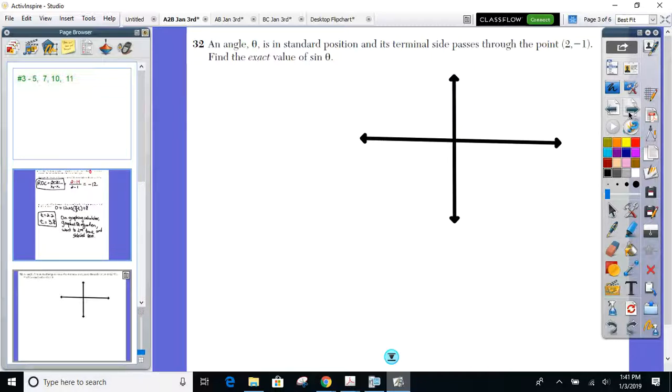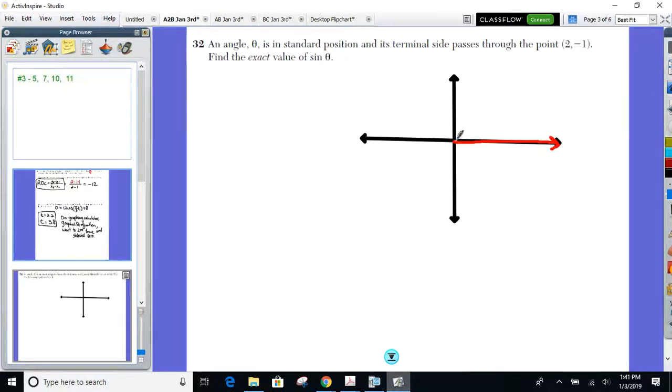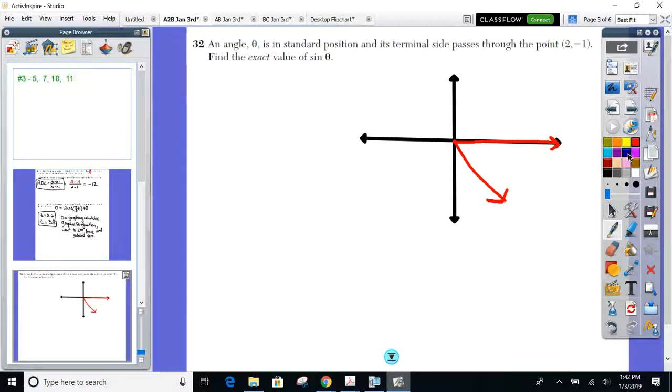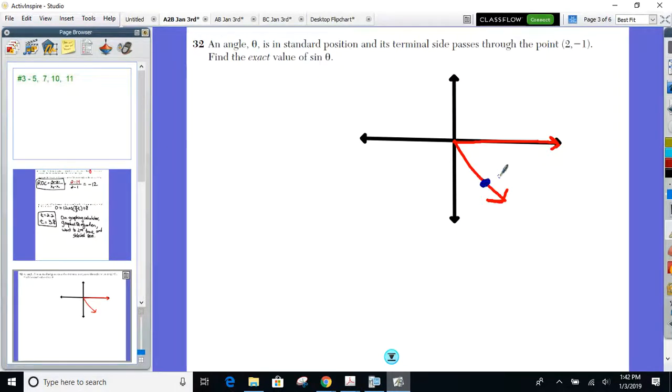Go ahead, make an angle in the fourth quadrant then. And what's the point it goes through? The terminal side here? 2, -1, right? So somewhere on there is 2, -1 it goes through.